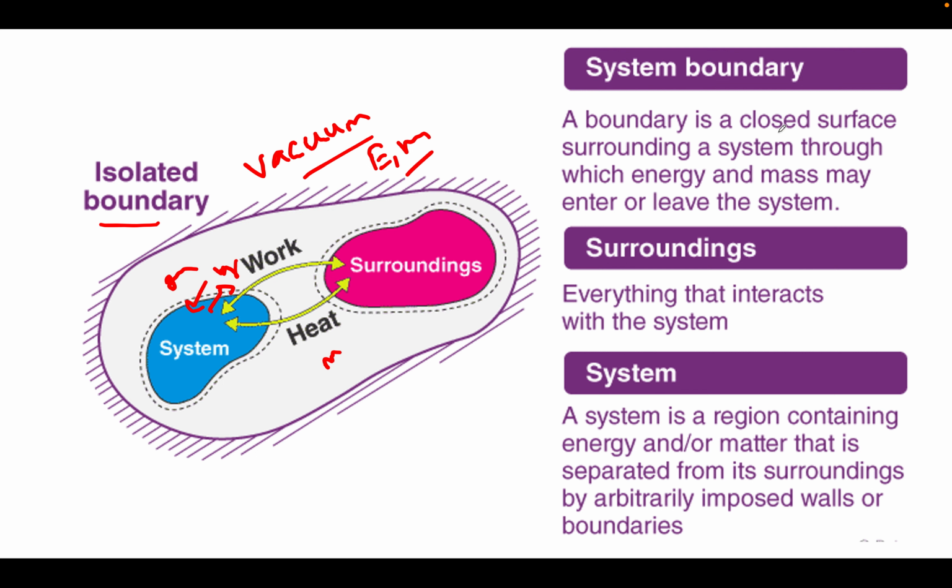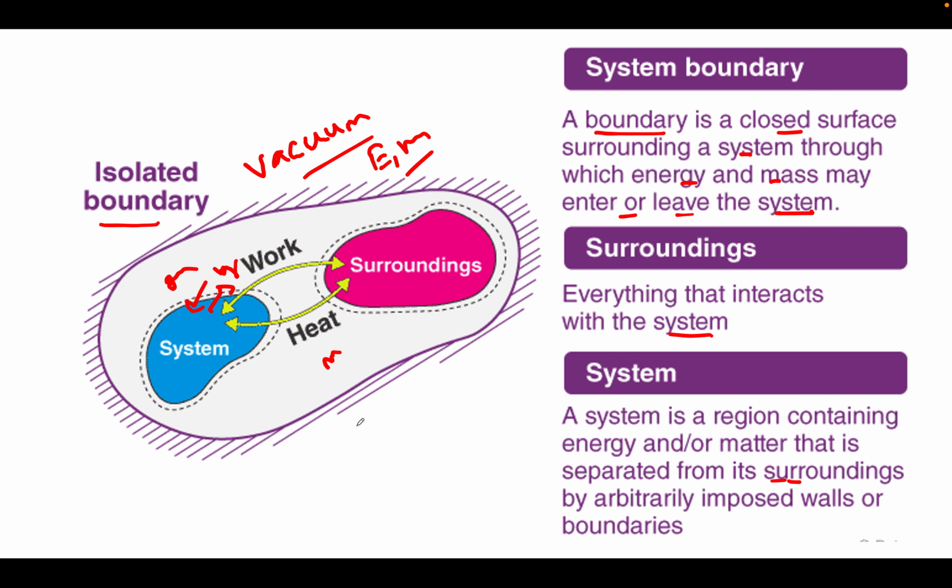So a boundary is a closed surface surrounding a system through which energy and mass may enter or leave the system. Depending on the boundary or the membrane which you are taking, the system's energy and mass can change. Okay. And if we talk about surroundings, everything that interacts with the system is surroundings. And a system is a region containing energy and matter that is separated from the surroundings by membranes, walls, or boundaries. Okay.